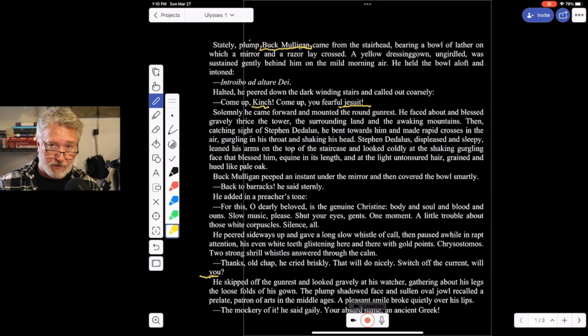Again, I recommend this book to start with as a guide. Don't let people tell you shouldn't be reading using a guide. It's perfectly fine to use a guide to get through something as dense as Ulysses. And even with this guide, this guide's only this big. You're not getting everything you need.